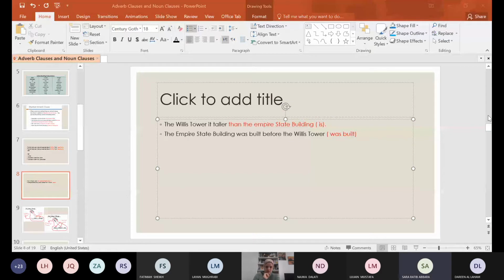Miss, can I ask you a question? Yes. If you have an adverb clause that starts with "which," how do we differentiate between it and the adjective clause? We don't have a comma in the adjective clause. It comes directly after the noun it modifies.